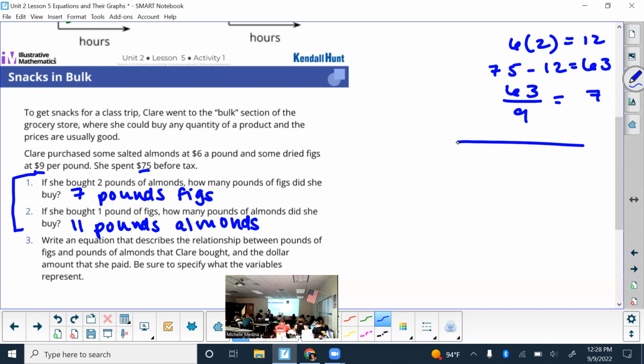But yeah, that's how you can problem solve your way through that. For the other one, the 11 pounds, what would you do first? And why 9 times 1? She bought 1 pound of figs at a rate of $9. So find out how much it costs, multiply them together. Then what did you do?